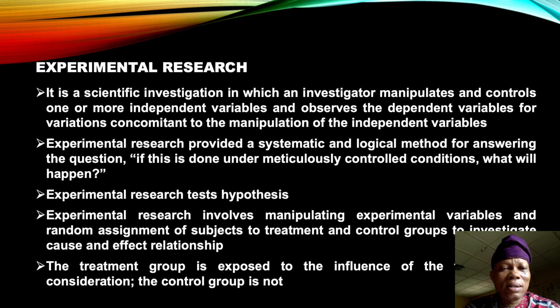So what I'm saying in essence here is that you have to assign some students to the group that will be taught using the conventional method, and another set of students to the group that will be taught using the laboratory method. You use the laboratory method to teach one group, and you use the conventional method to treat another group. And at the end of the experiment, you compare their scores in the various achievement tests you will administer to them.